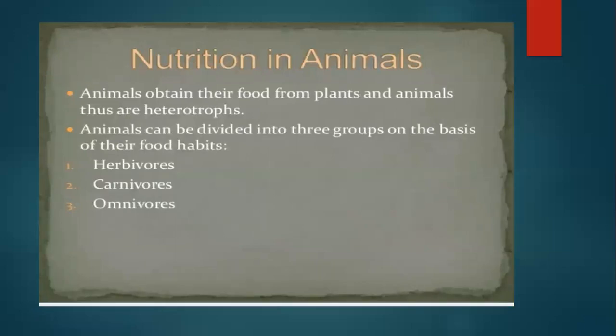Nutrition in animals. Animals obtain their food from plants and animals, thus are called heterotrophs. We already discussed that.